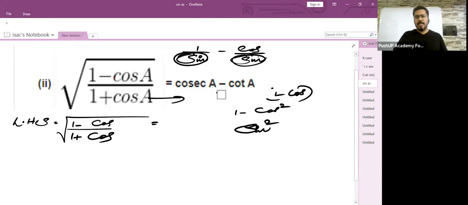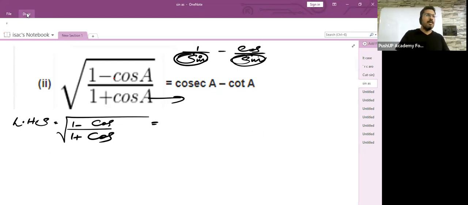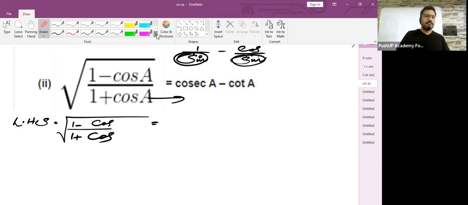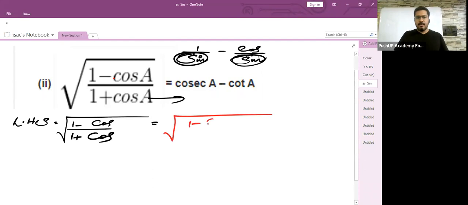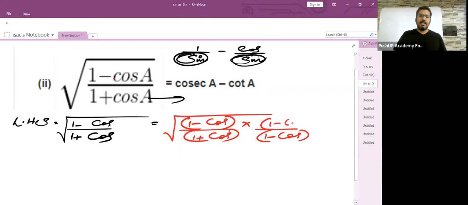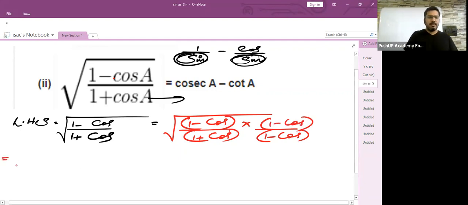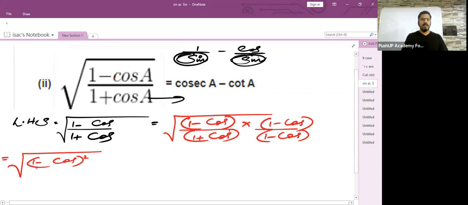So let's do it. Multiply the numerator and denominator with 1 minus cos. Square root of 1 minus cos upon 1 plus cos, multiplied with 1 minus cos, 1 minus cos. This is equal to square root of 1 minus cos into 1 minus cos, which is 1 minus cos the whole square, divided by 1 plus cos into 1 minus cos, which is 1 minus cos square.